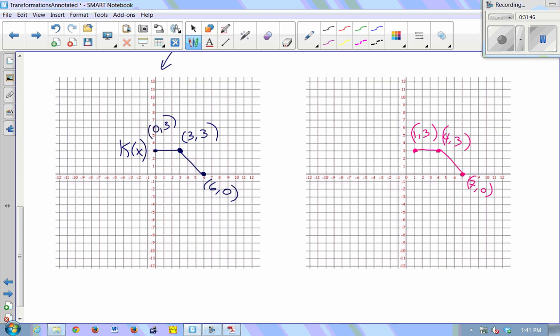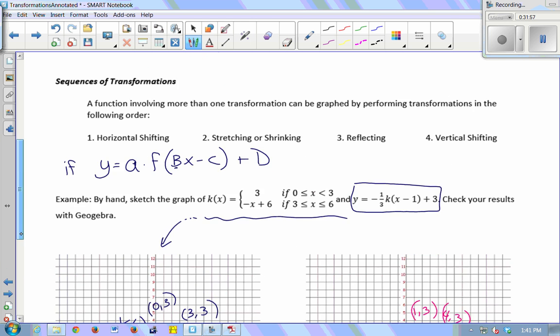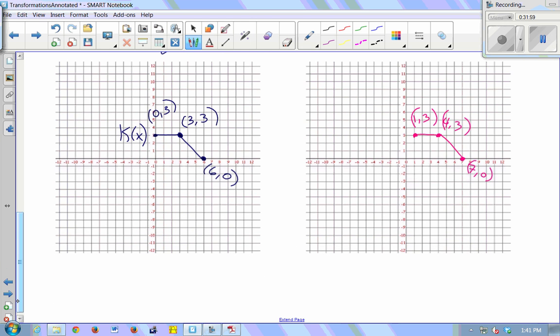Okay, so then the next thing I'm supposed to do after my shift to the right was a vertical shrink by a factor of a third. And to make that happen, multiply all of your y's by 1/3. So I go back to my graph. I'll do this one in blue. Take each y coordinate and multiply it by a third.